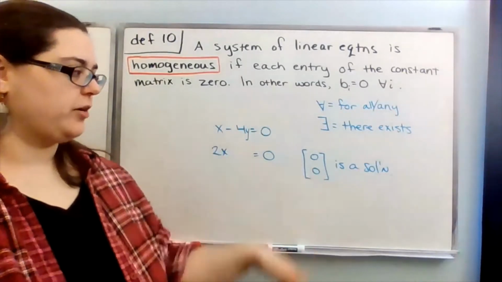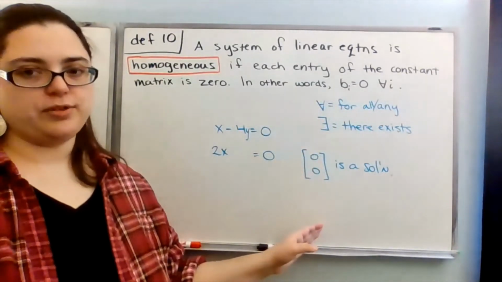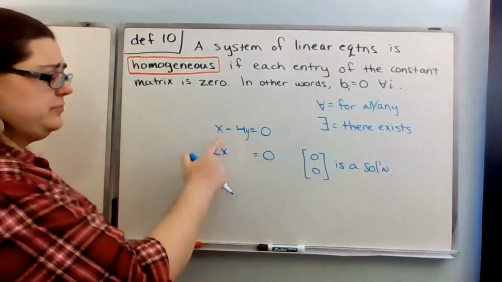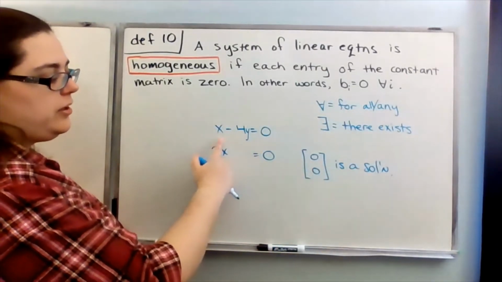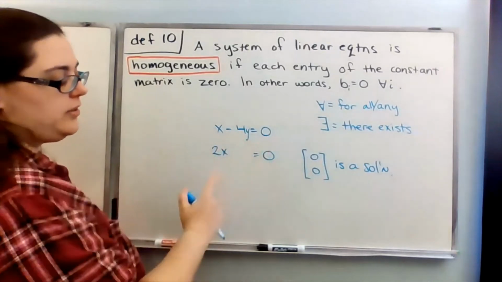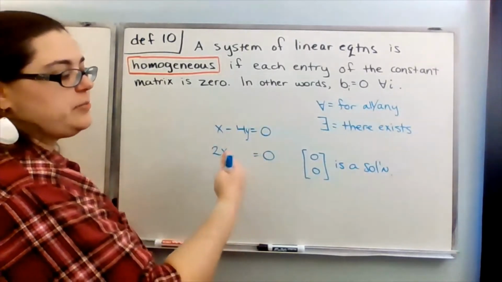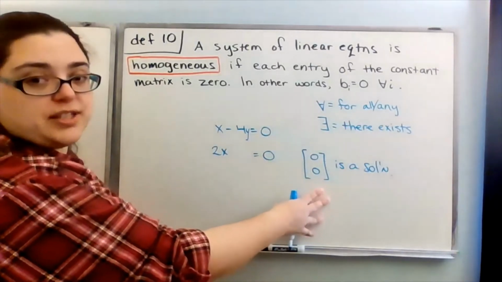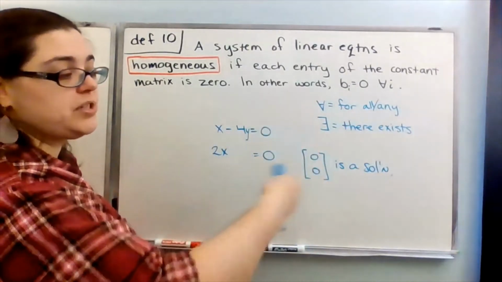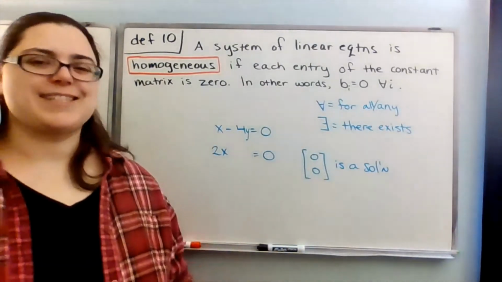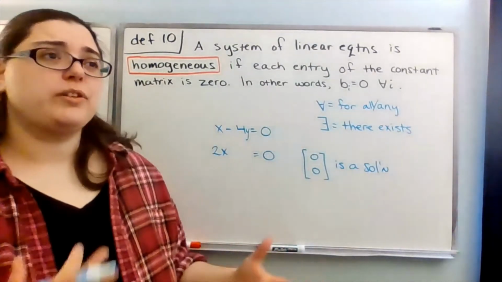However many variables you have, that's how many rows of zeros you have for your solution, because 0 minus 0 is 0, and 0 is 0. So no matter what homogeneous system you have, the matrix made up of only zeros is going to be a solution.